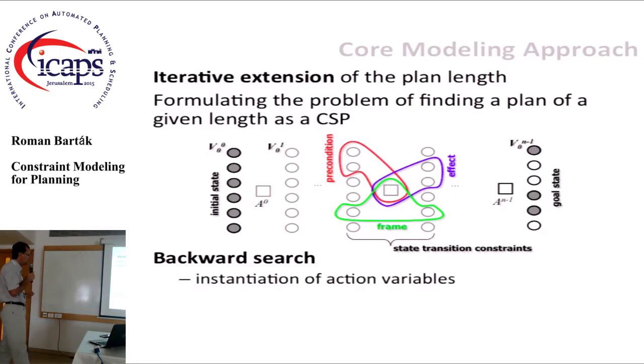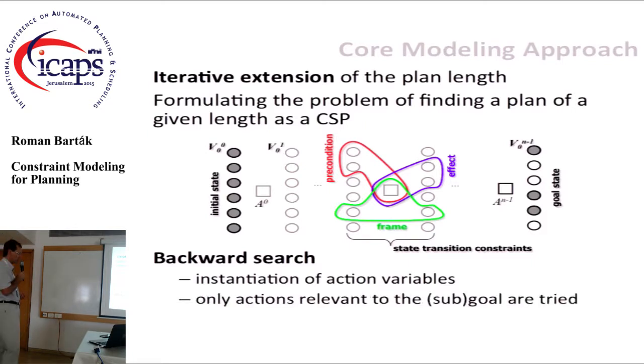Okay? And the important thing is that it's enough to instantiate just the action variables. Meaning in the labeling procedure, we don't need to include the state variables because the state variables will be instantiated by means of arc consistency automatically. So we don't need to assign values actively. It will be done behind the scenes by the constraint, right?